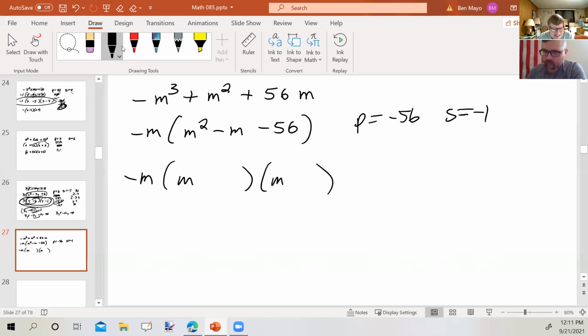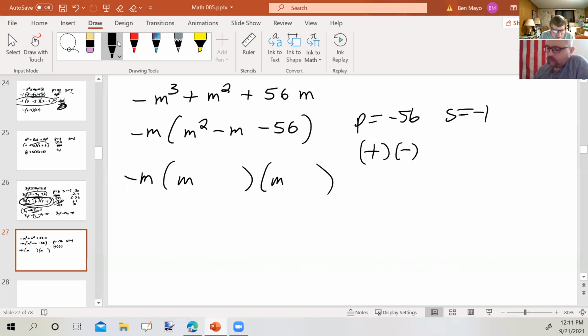Because the product is negative, it can't be plus times plus or minus times minus. It's got to be one positive factor and one negative. Let's do this again. I'm going to have a positive factor times a negative factor, right? One of each. But the sum, when I add those two numbers together, I get -1.